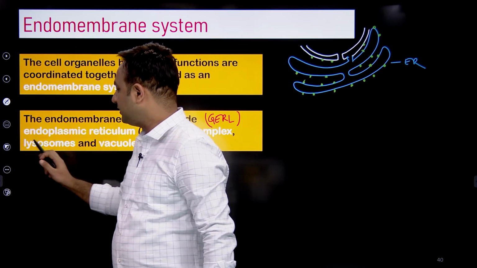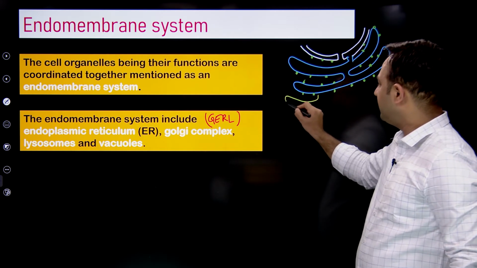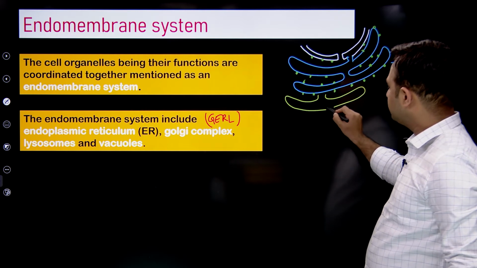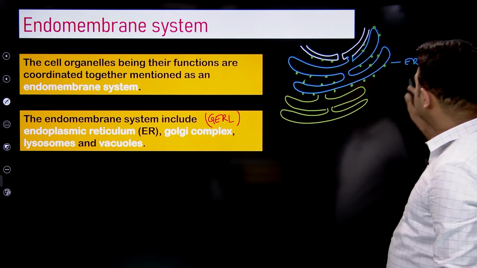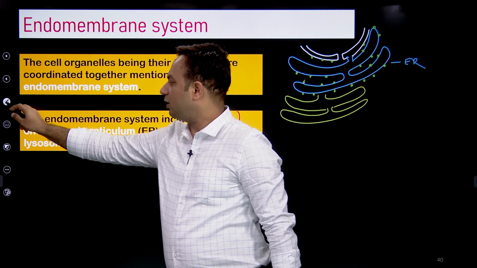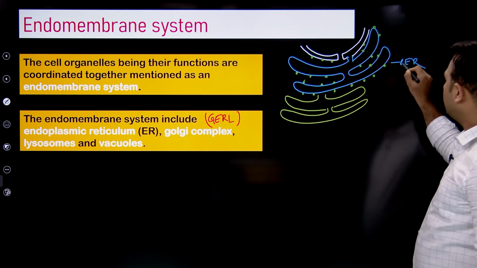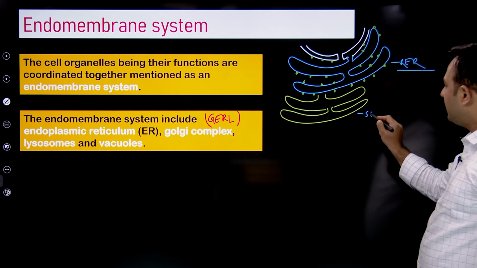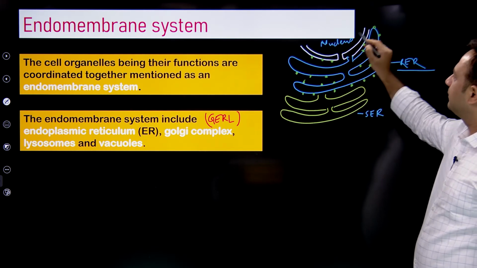Another structure can be there. Here I am making it, but it is smooth in appearance. It does not have ribosomes on the surface. So, they call the earlier one, the former one, rough endoplasmic reticulum, and this one is smooth endoplasmic reticulum.